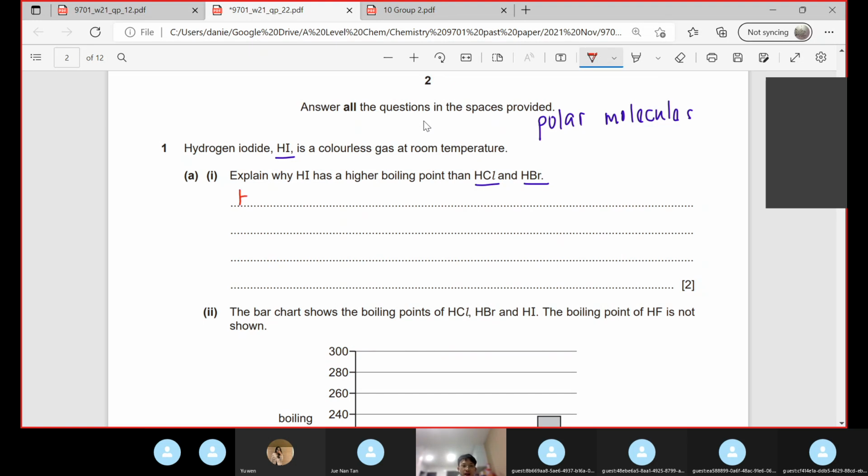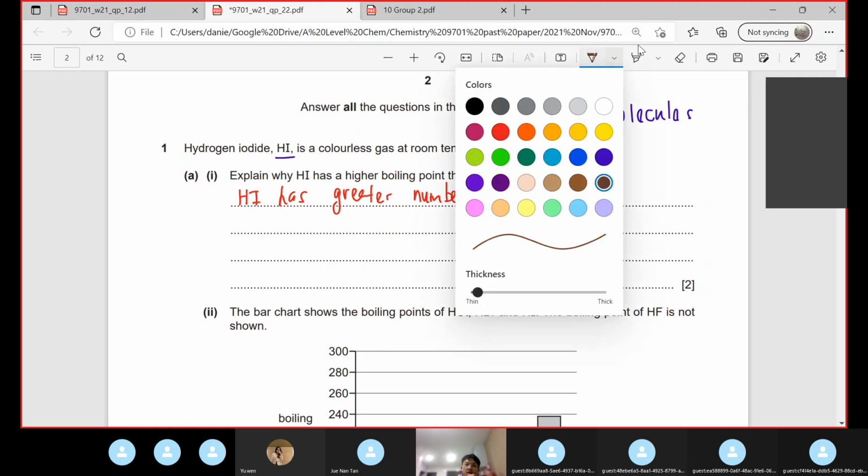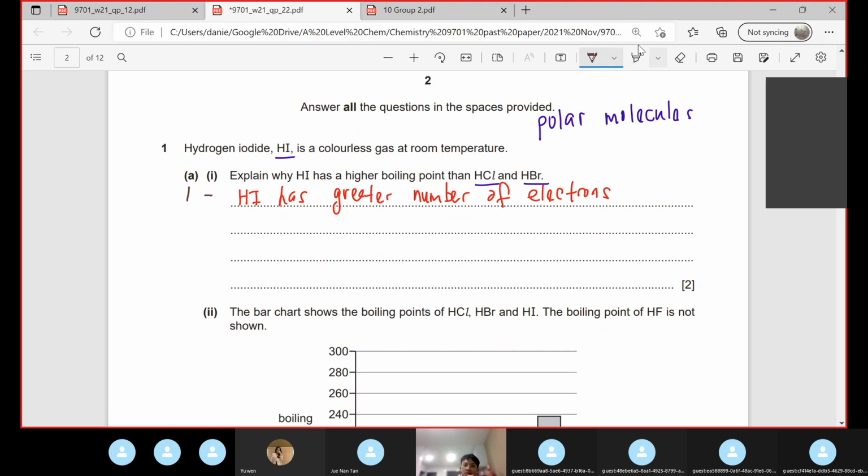You can write HI has greater number of electrons, or state HI has the greatest number of electrons among HCl, HBr, HI. This will be awarded 1 mark.